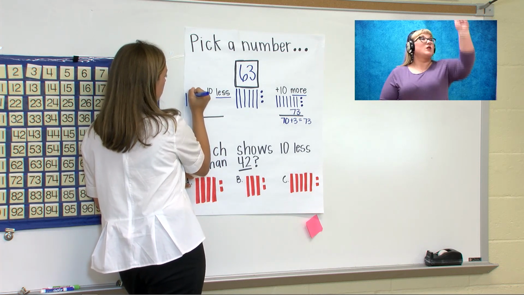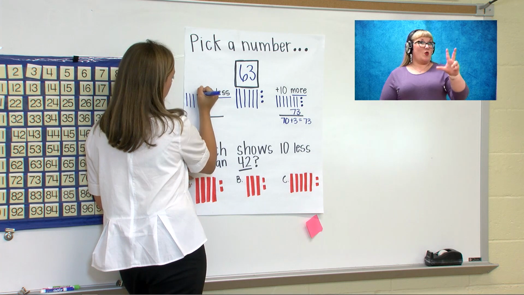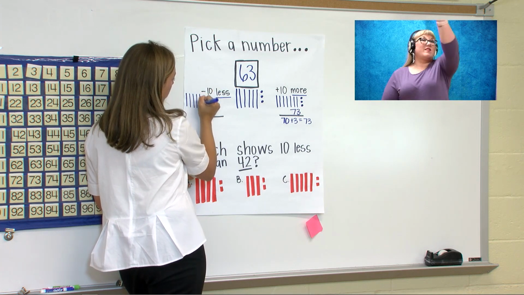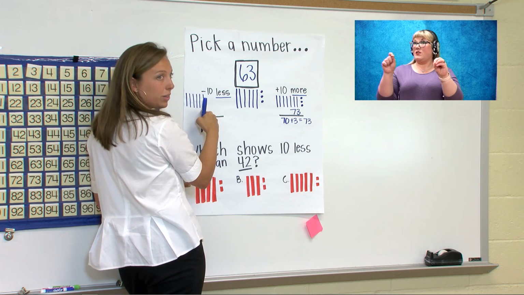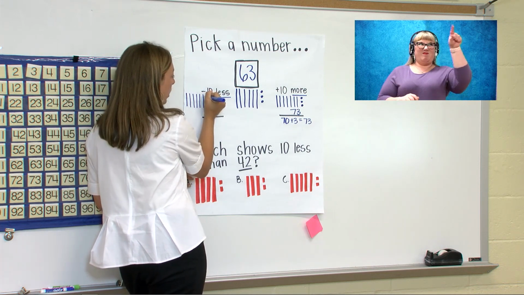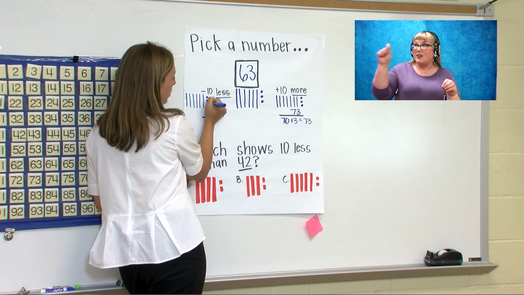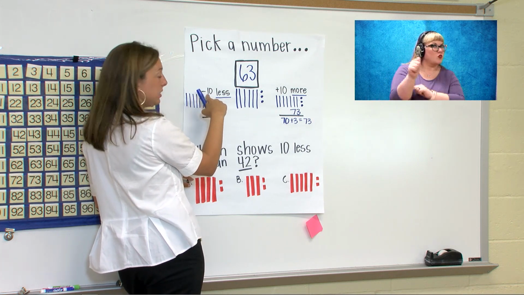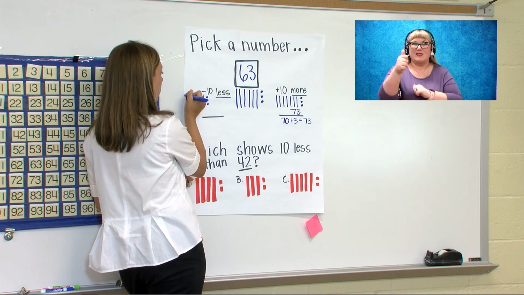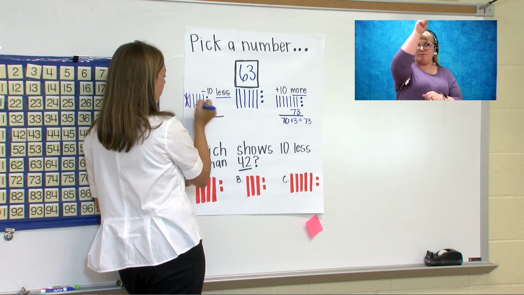10, 20, 30, 40, 50, 60. 6 tens equals 60. 1, 2, 3. But it's saying take 10 away. Subtract 10. We're going to X out a 10.